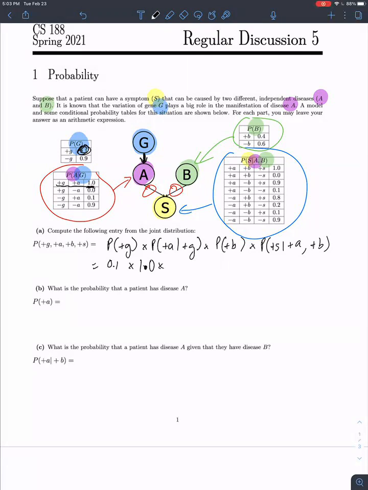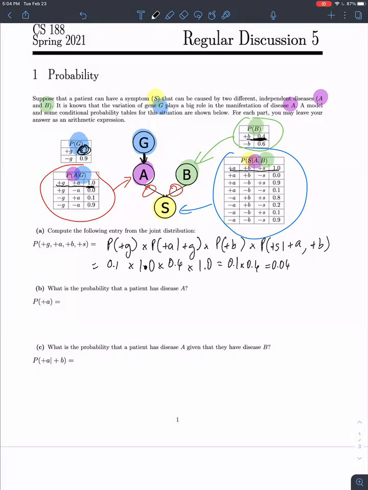Now the probability of plus B, here we can see that's 0.4. And the probability of S given plus A plus B, that's this all-pluses row in the table of probability of S given A and B, so that's 1.0. All right, so that's 0.1 times 0.4, just ignoring the factors of 1, which is 0.04.